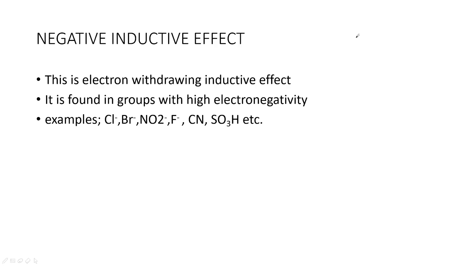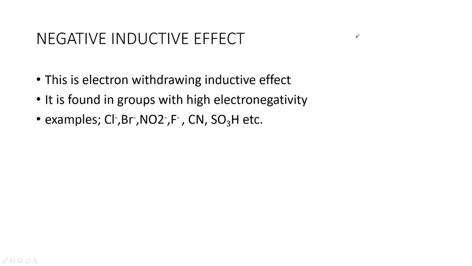Okay, negative inductive effect. This is an electron withdrawing effect. That means the bond pair always likes withdrawing electrons. This is mostly found in groups with high electronegativity. Such groups include chlorine, bromine, so on.